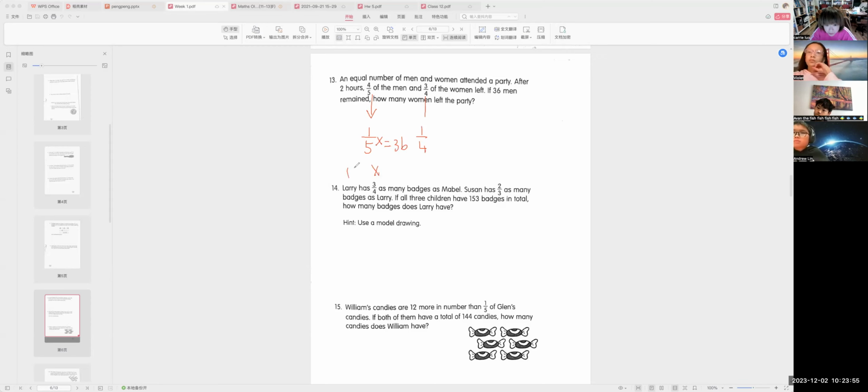So x, which is men, equals 180, right? Correct, everybody? And because they have an equal number, the number of women who have left the party is 3/4 times 180 equals 3 times 45 equals 135.